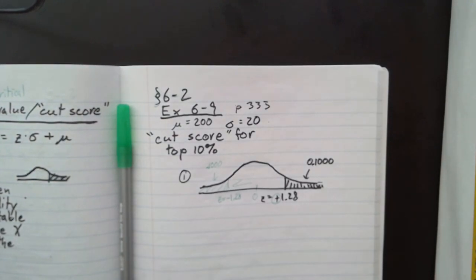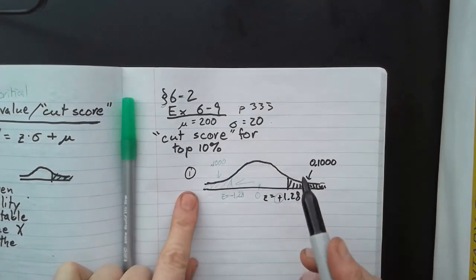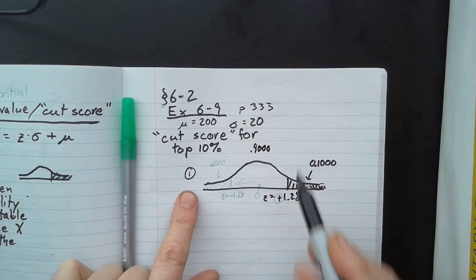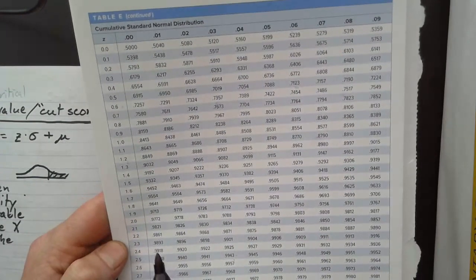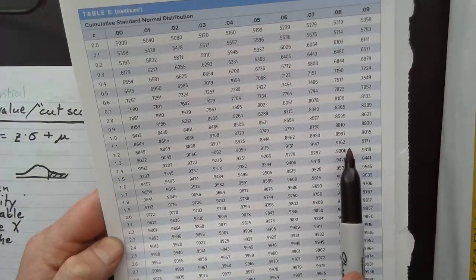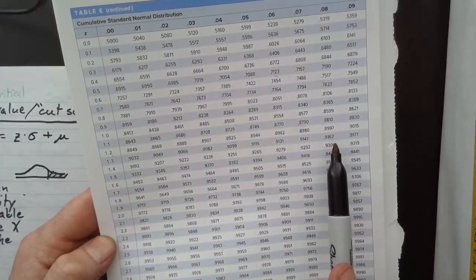And so what we actually want is our left area to be 0.9000. And so when we look up 0.9000 in our z table, where the heck is that? 0.8997.